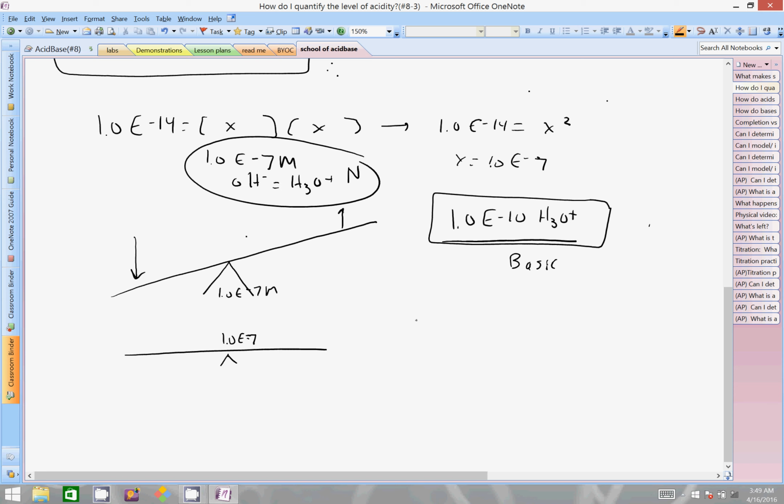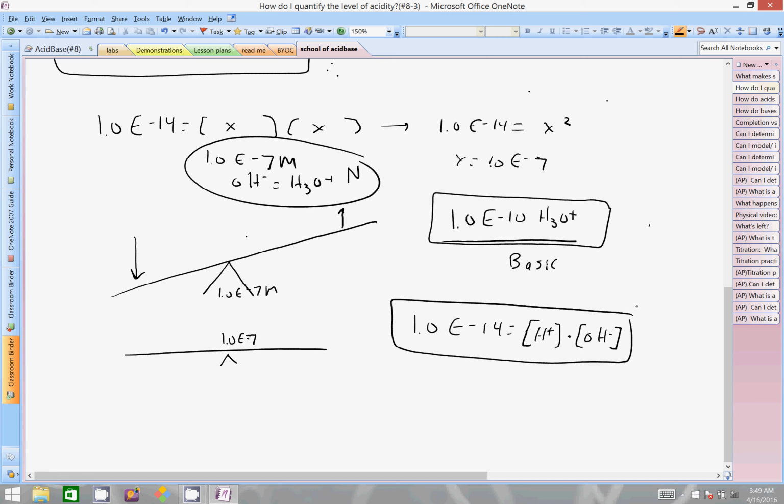And this formula, 1.0 e to the negative 14th equals the concentration of H plus ions times the concentration of hydroxide ions, is our first big formula. If I give you this one, then what's the other half? There you go. First big formula.